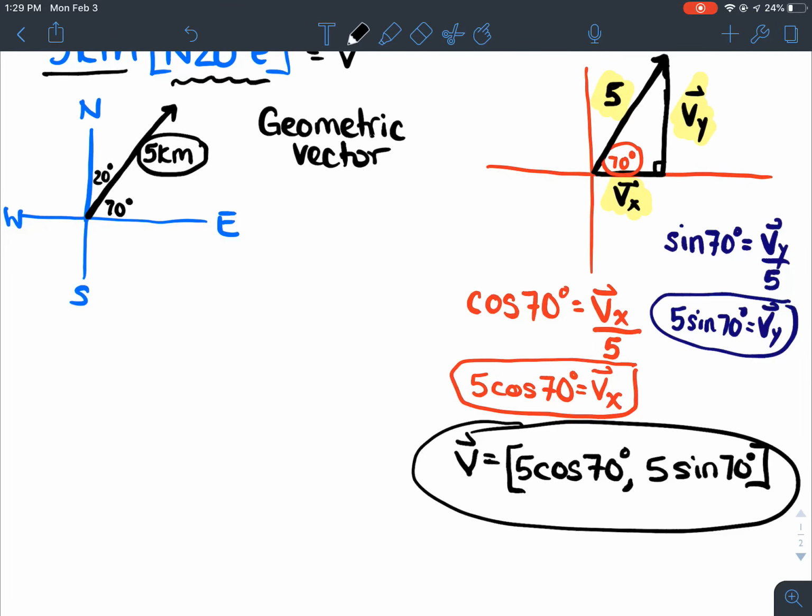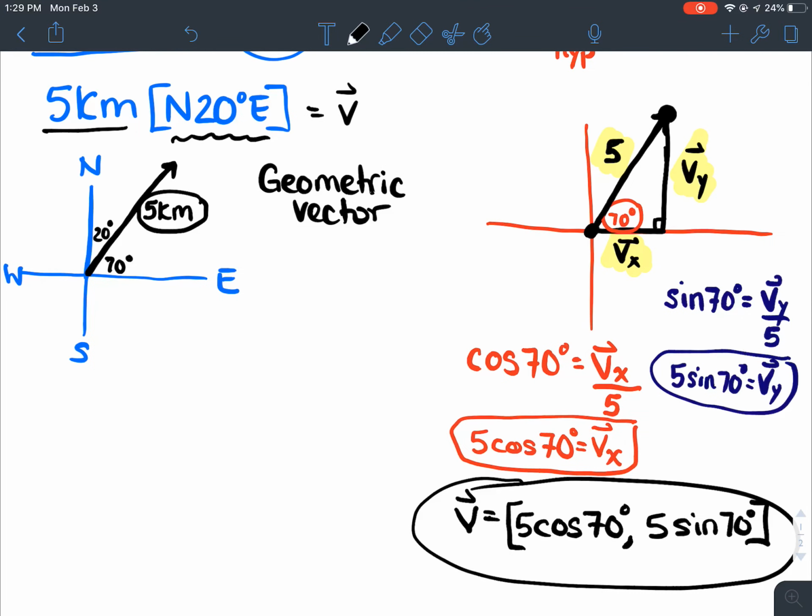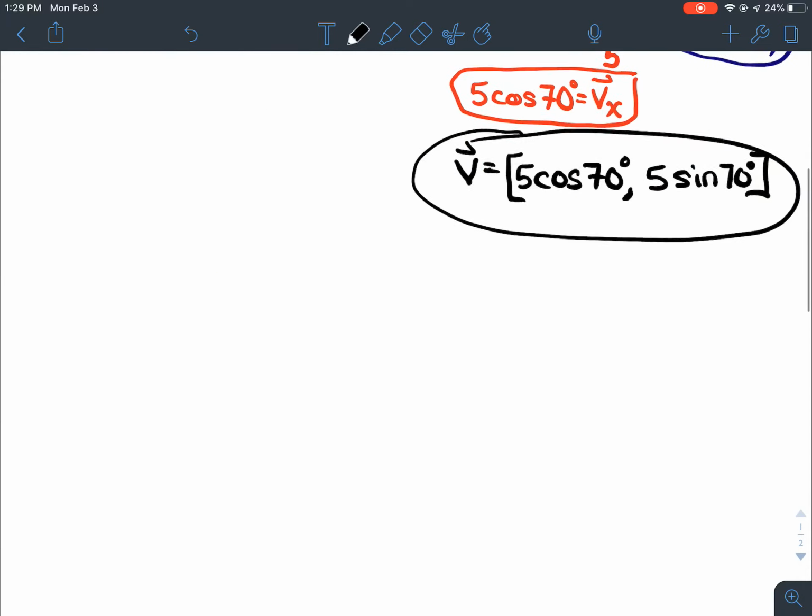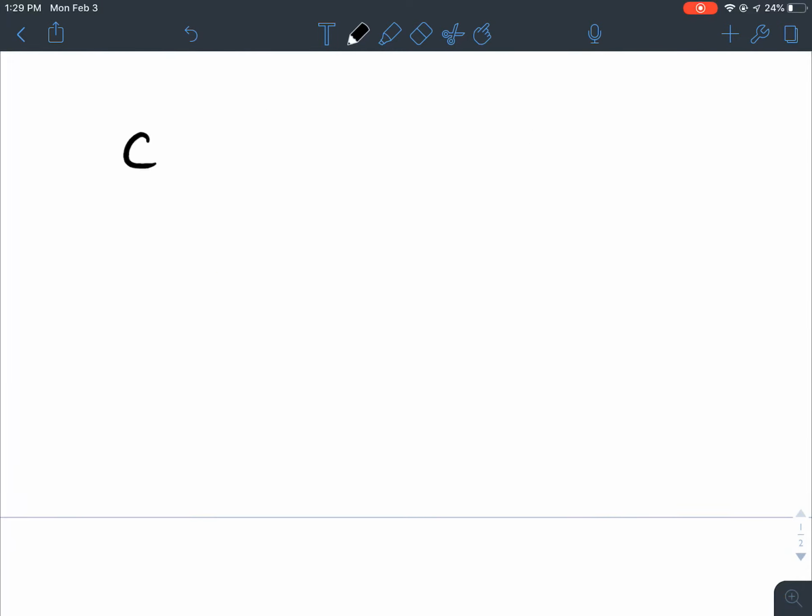That gives us a magnitude, which is still 5, and a direction, because it's always situated at the origin, and it refers to this end point here. That's what the x and y coordinates refer to. So that's how they look differently. Let me give you a different example, where a geometric vector would look like this.